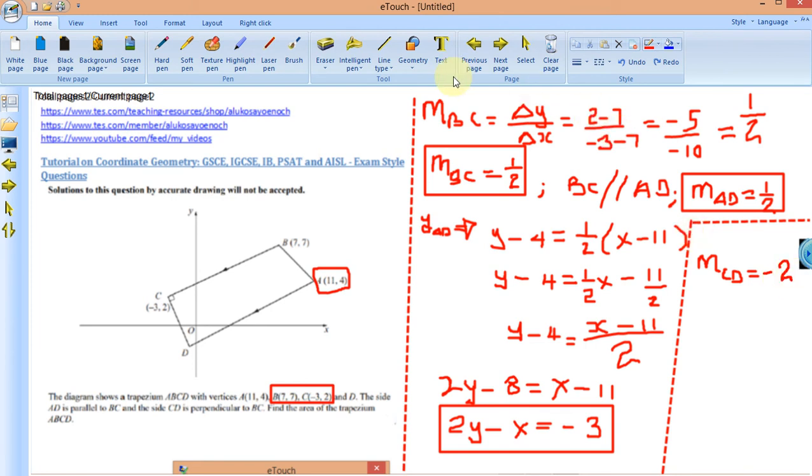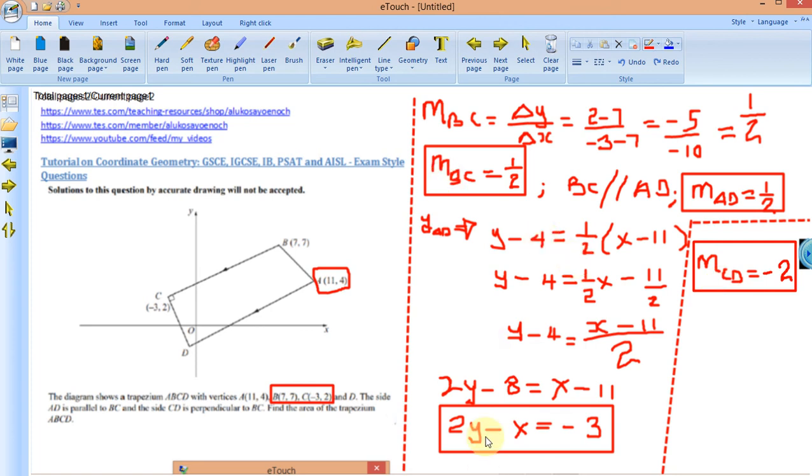Let me put that in a square box. Don't forget, when two lines are perpendicular, the product of their gradients gives you minus 1. So half times M subscript CD equals minus 1, giving minus 1 divided by half, which is minus 2.